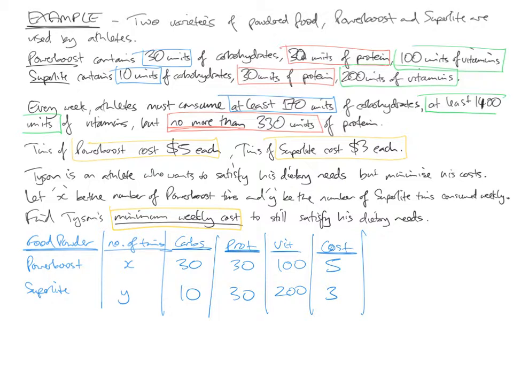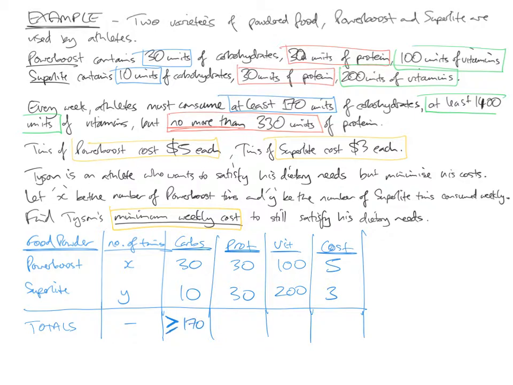And so now we have our table pretty much ready to go. We just extend it to get totals so that we can set up our constraints. So, totals. Number of tins, X and Y, we don't know. That's what we're trying to find out, so just leave it. Carbs: they have to have at least 170 units, so greater than or equal to 170.